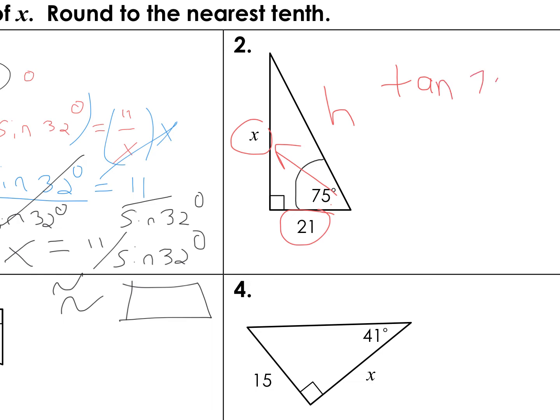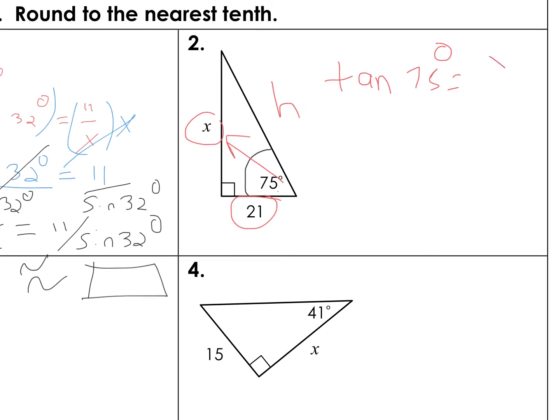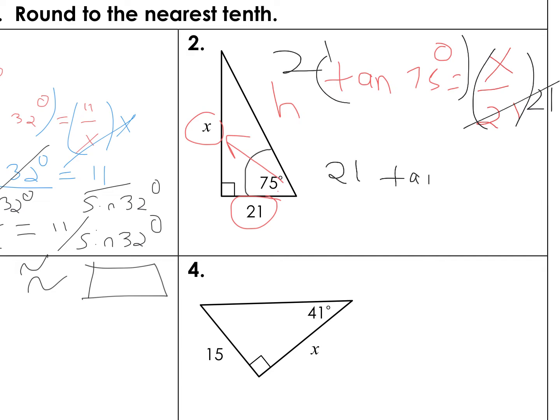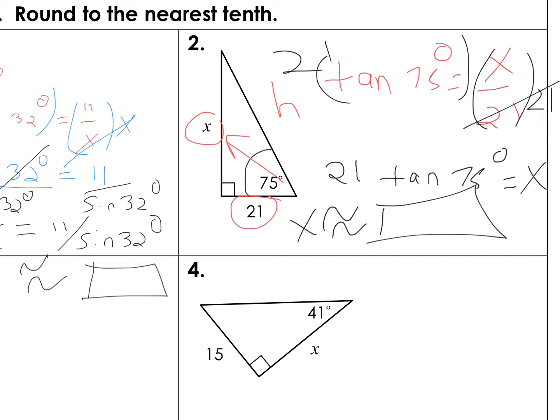Tangent of 75 degrees would be x over 21. Well, this is even a little easier than the last problem, because if I multiply both sides by 21, I get 21 times the tangent of 75 degrees will be x. You go ahead and key that in and give me the approximate answer. I want to see both.